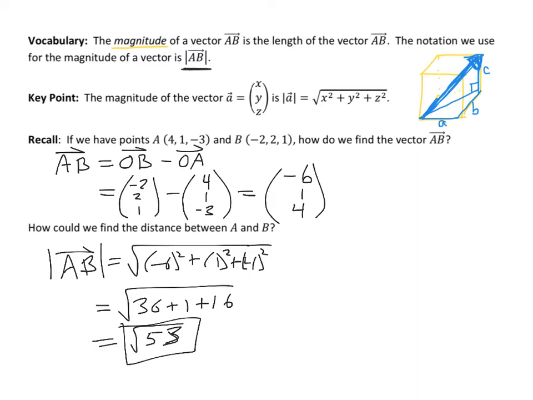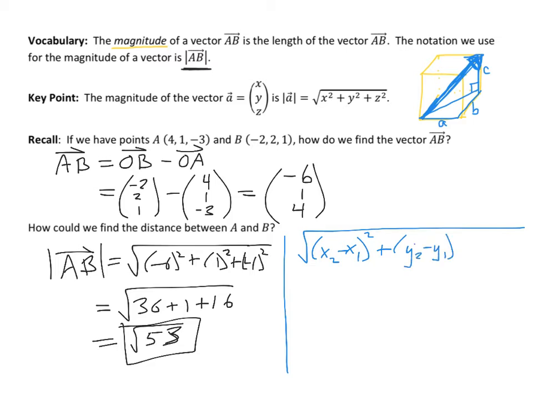Now, I want to throw out there briefly, some of you may remember the distance formula between 2 points. The distance formula was the square root of x2 minus x1 squared, the difference in the x coordinates, plus y2 minus y1 squared, and then you square root the whole thing. The distance formula in 3 dimensions also works. You just do it with a z2 minus z1.